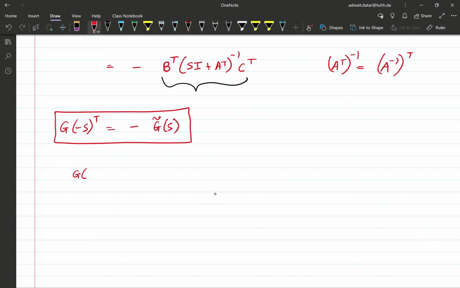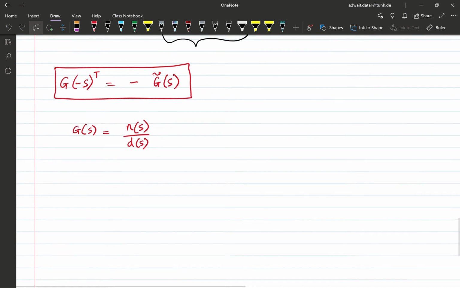So for the scalar case, let's write this as a numerator polynomial over denominator polynomial. Now similarly, what we would now have is G tilde of S is minus G of minus S. So the transpose will go away because now we are in the scalar regime.